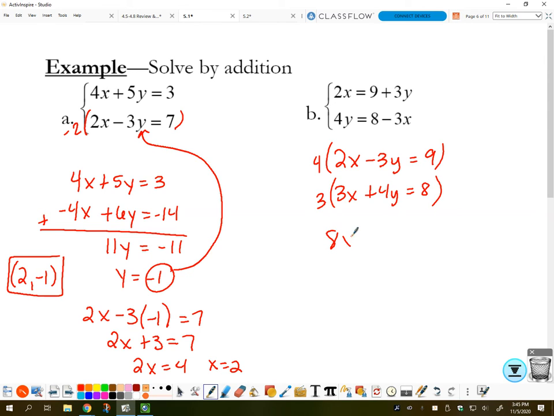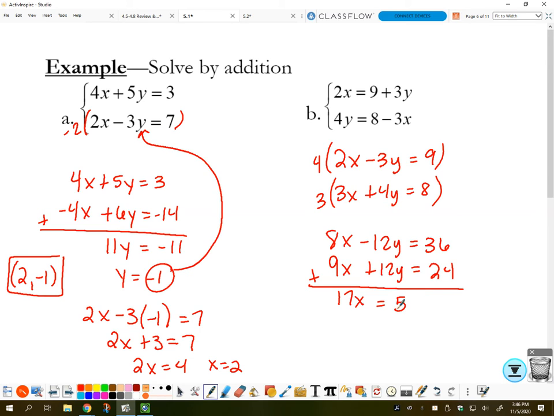So that gives me 8x minus 12y equals 36 for the top, 9x plus 12y equals 24 on the bottom. This gives me 17x. This cancels. This gives me 50. Nope. It should give me what, 60?